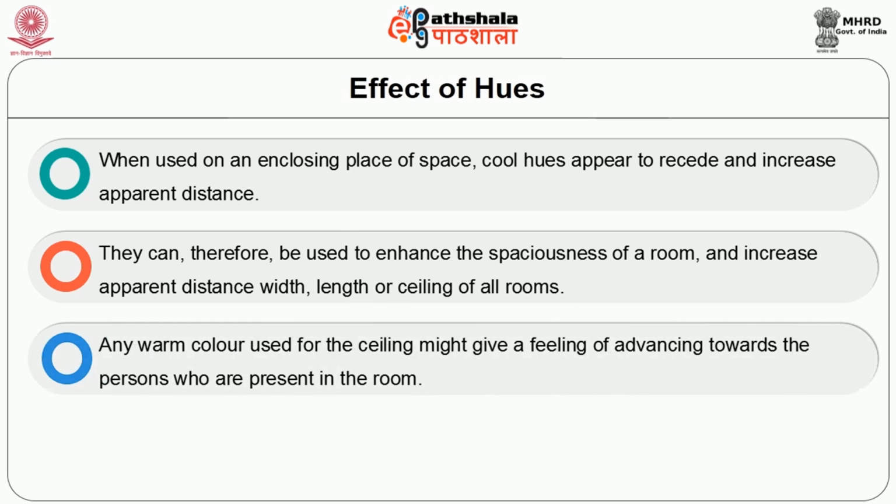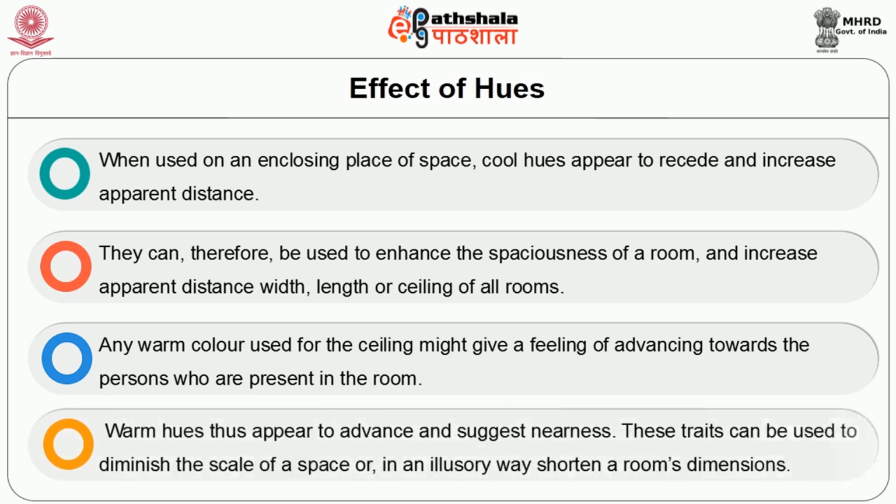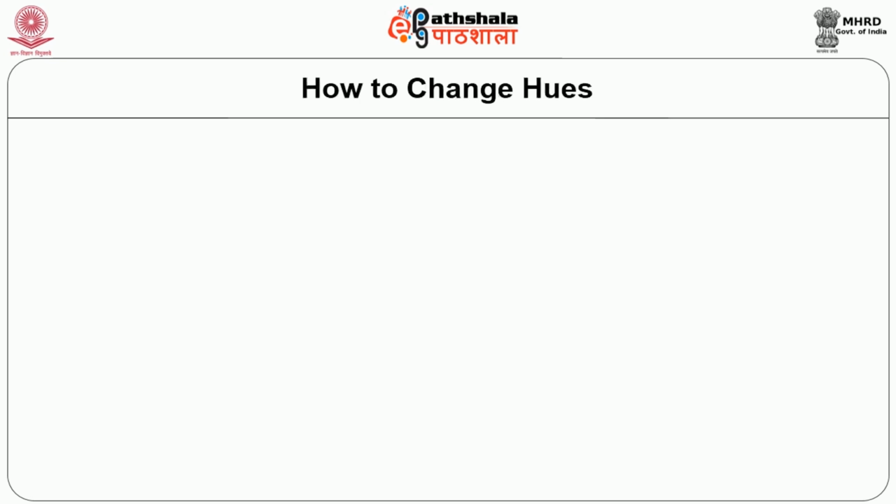Any warm color used for the ceiling might give a feeling of advancing towards the persons who are present in the room. Warm hues thus appear to advance and suggest nearness. These traits can be used to diminish the scale of a space or in an illusory way shorten a room's dimensions. We'll see how to change the hues in rooms.